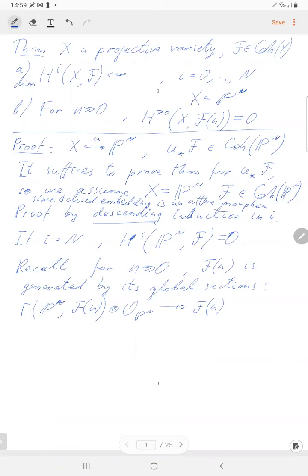So we have this, and now let's untwist back, and we get an exact sequence.